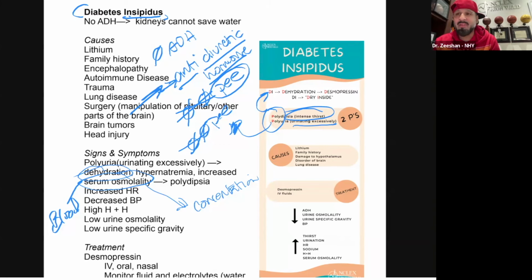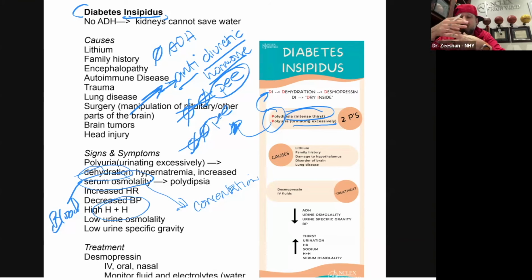How am I going to test for that? Well, why don't I look at the hemoglobin and hematocrit? If my blood doesn't have the water because I'm peeing it out, the blood is going to be thicker, which means, relatively speaking, my hemoglobin and hematocrit are going to be higher.